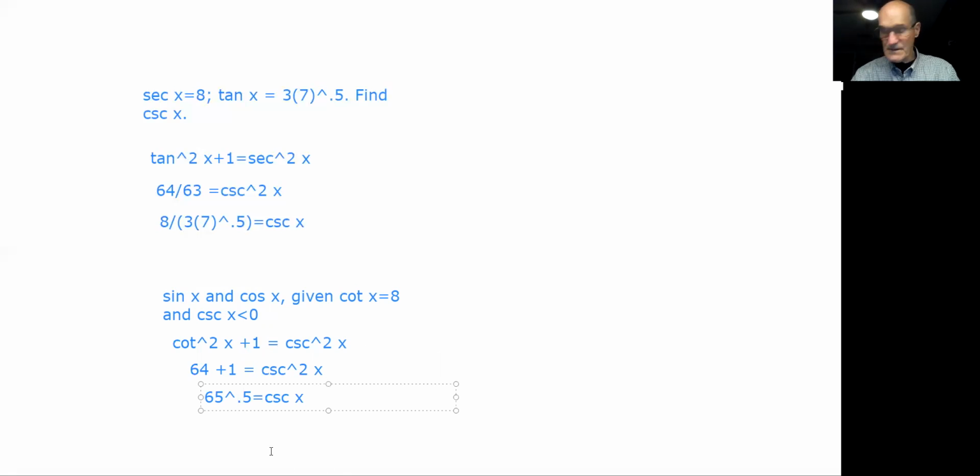Now, notice it says the cosecant is less than 0, so I would put a minus in front of this. So that means minus the square root of 65 is the cosecant of x. So once again, you're using the Pythagorean identity here.